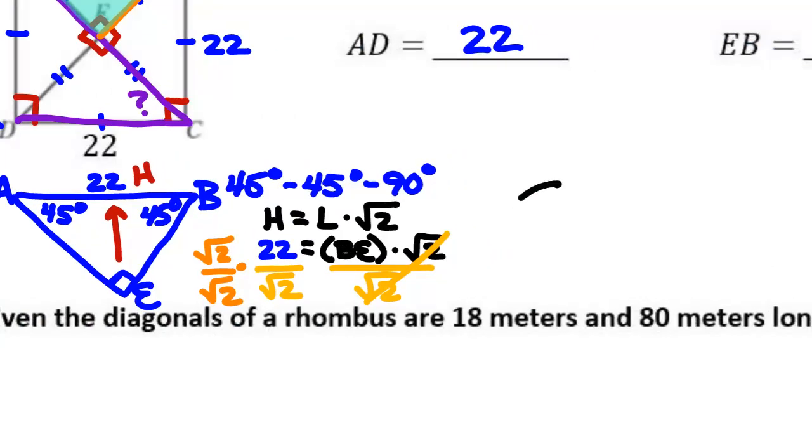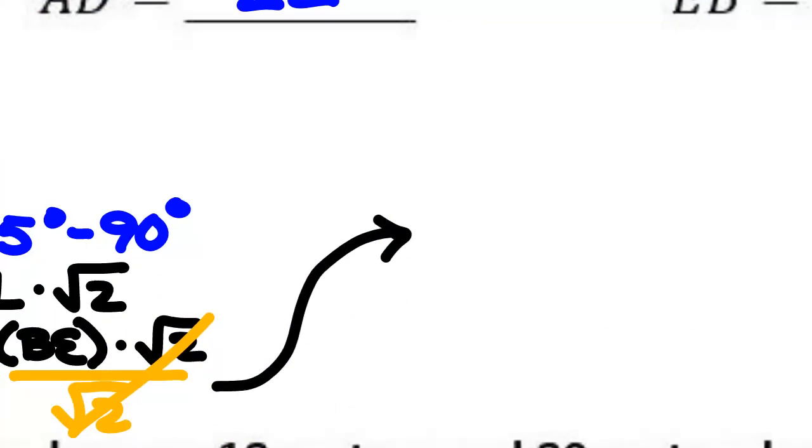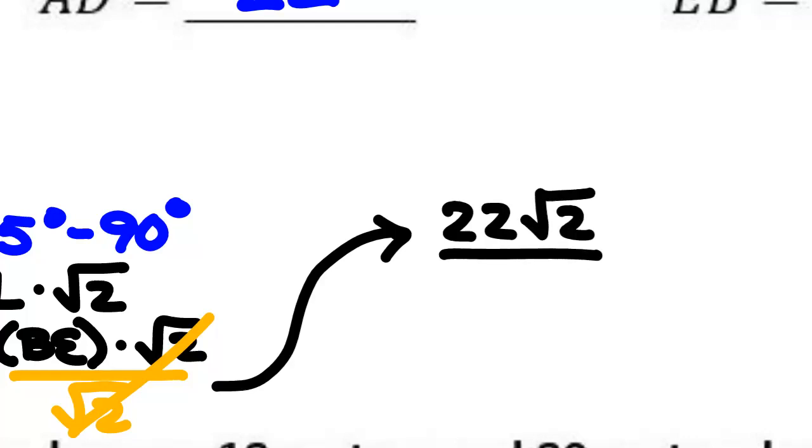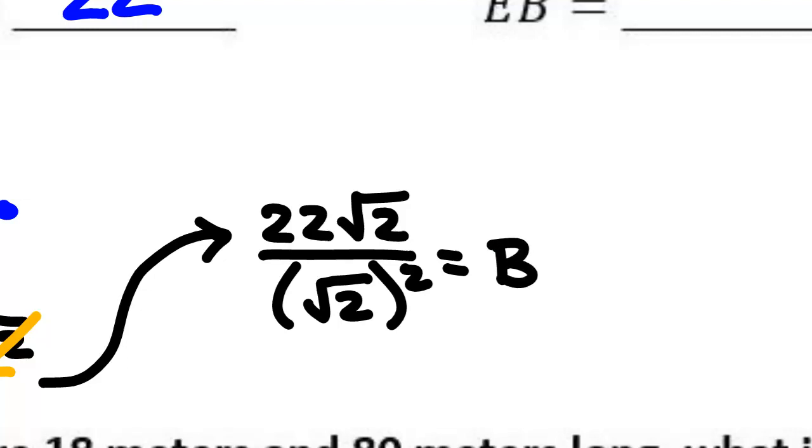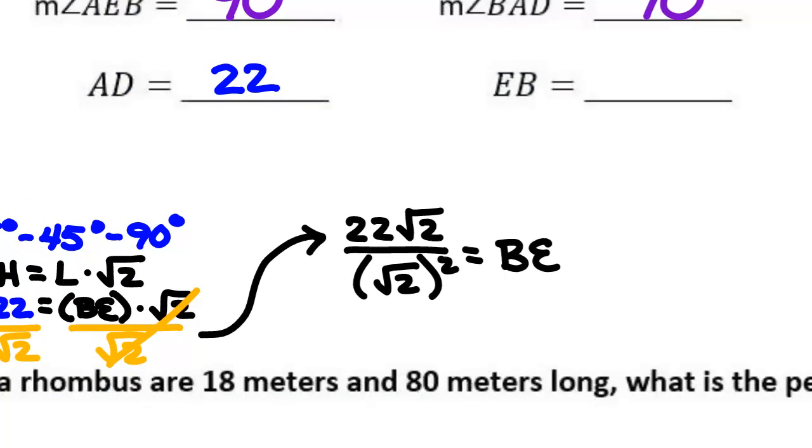So I'm going to swing my work around here because I ran out of room. So I have 22 square root of 2 in my numerator. On the bottom, I have square root of 2 times itself, so that would be the square root of 2 squared. That would be equal to BE. What is the square root of 2 squared? 2, because remember the squared and the square root cancel each other out.